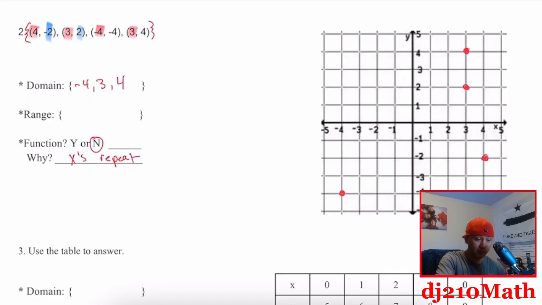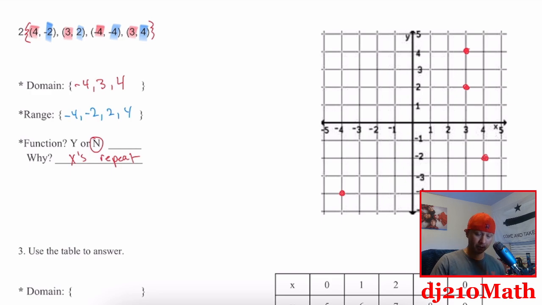The y values. So the y values are the smallest, what? -4, -2, 2, and 4. So this one is definitely not a function.